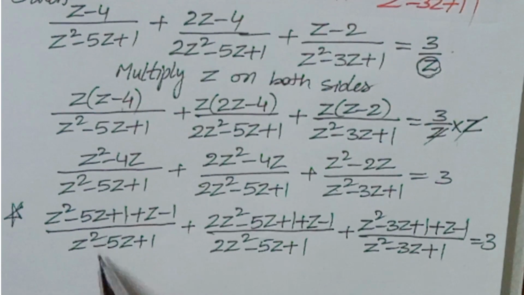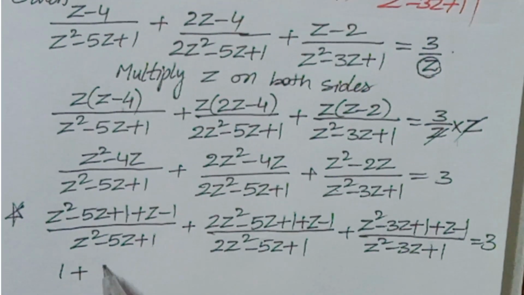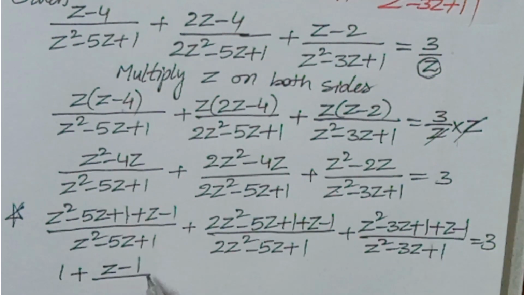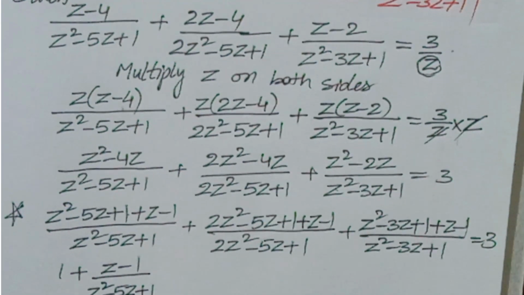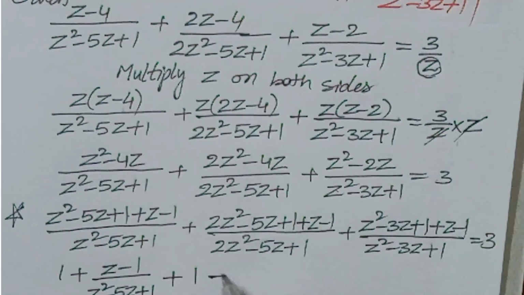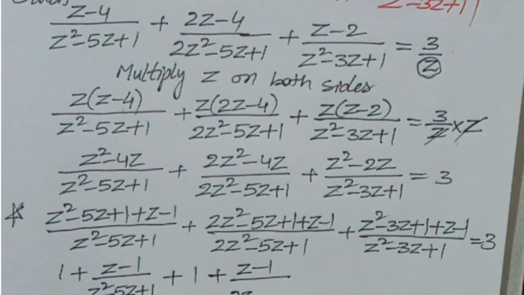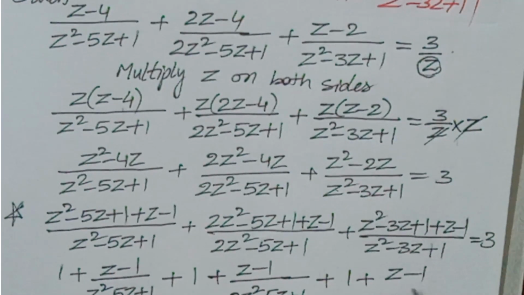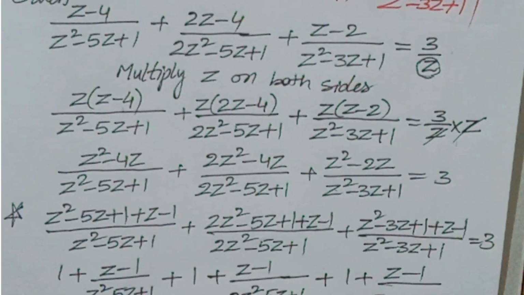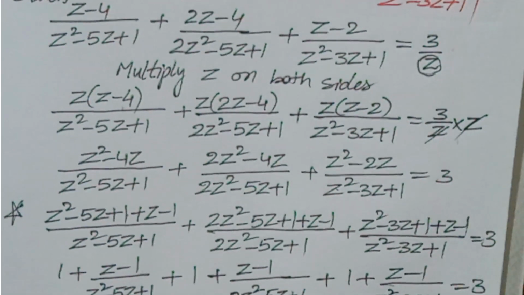Now here the numerators we are having, the denominators the same. So you can write here 1 + (z − 1)/(z² − 5z + 1), 1 + (z − 1)/(2z² − 5z + 1), 1 + (z − 1)/(z² − 3z + 1) is equal to 3.